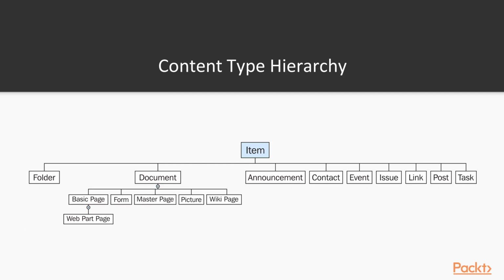Even more, web part page inherits from basic page. When we are defining our own content types, we must choose a starting content type to inherit from. This is not necessarily an item content type, it could be any of those.